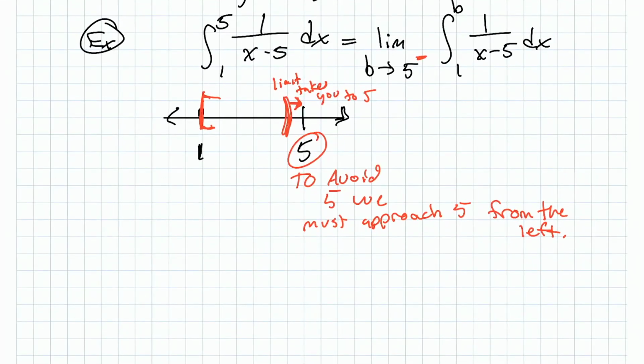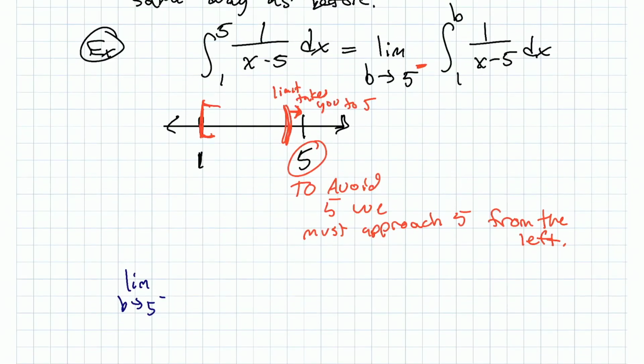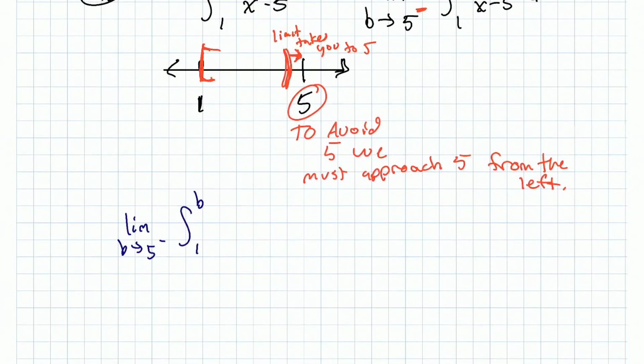All right, we may as well just finish this because it's an okay problem. So we've got the limit as b goes to 5 from the left of the integral from 1 to b of 1 over x minus 5 dx. You can do this with a u-substitution, but we've done a lot of these in previous sections now.